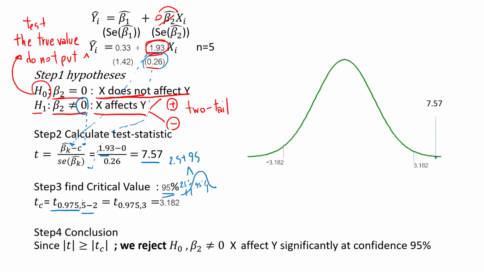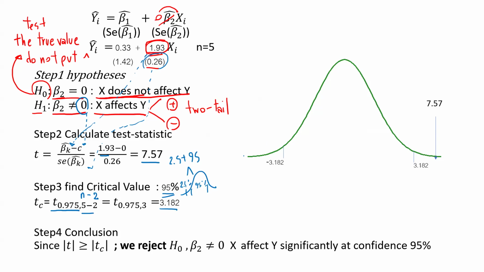And the degrees of freedom is n minus 2. So you get the number t 0.975, n minus 2.